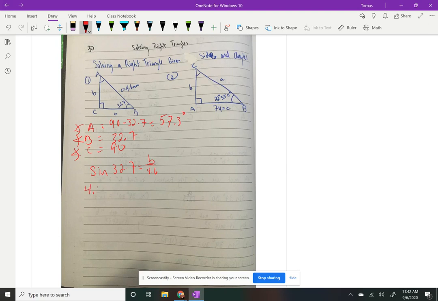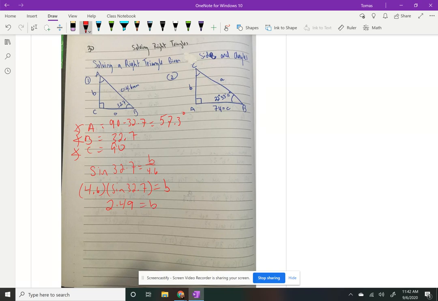So I'm going to have 4.6 times sine of 32.7, and that equals my B. So I type that in my calculator, 4.6 times sine of 32.7, and I get 2.40. I'm going to round to the hundredth place, the second decimal place.